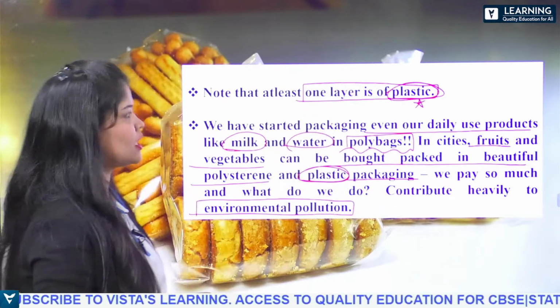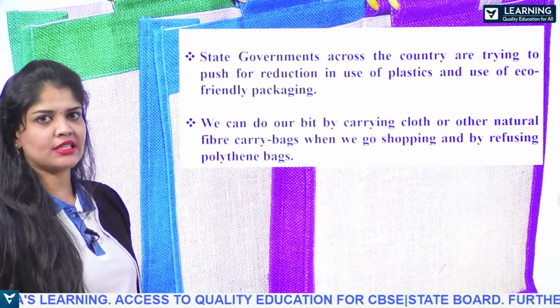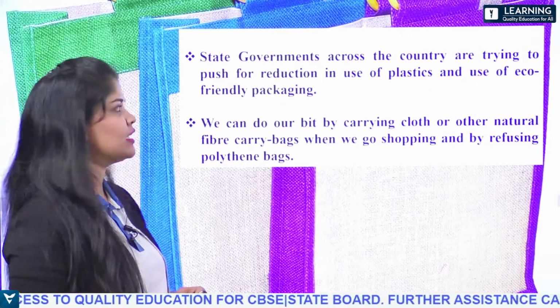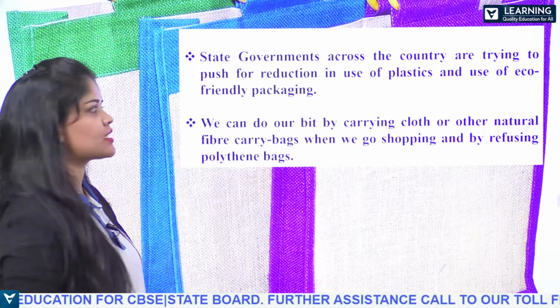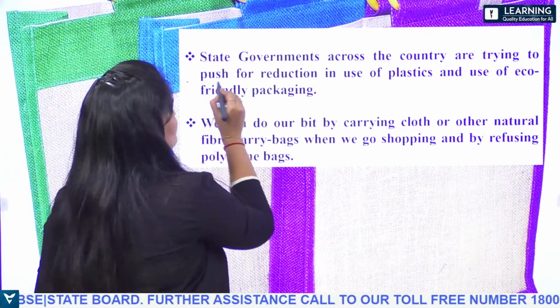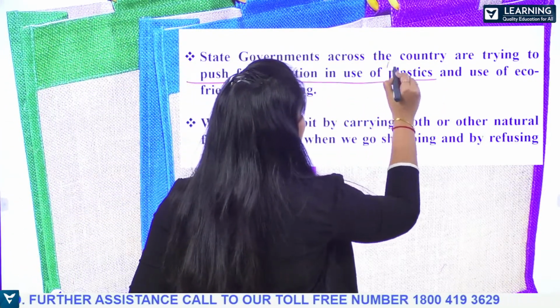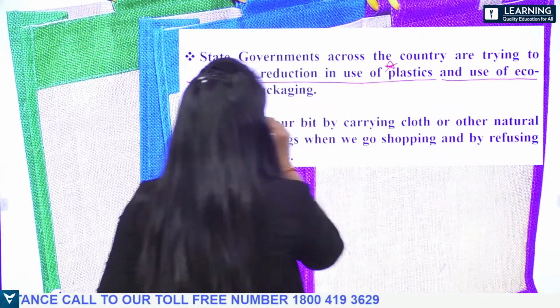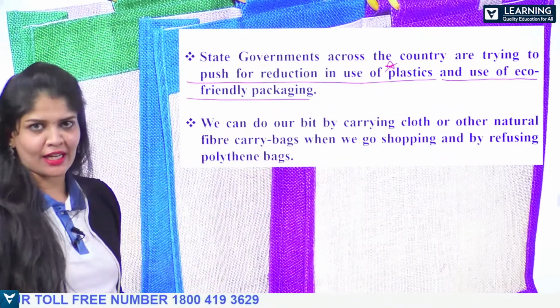By paying so much money, we are heavily contributing to environmental pollution by adding all this plastic to the environment. So this is what we need to think over, and state governments across countries are trying to push for a reduction in the usage of plastic and to encourage the use of eco-friendly packaging.